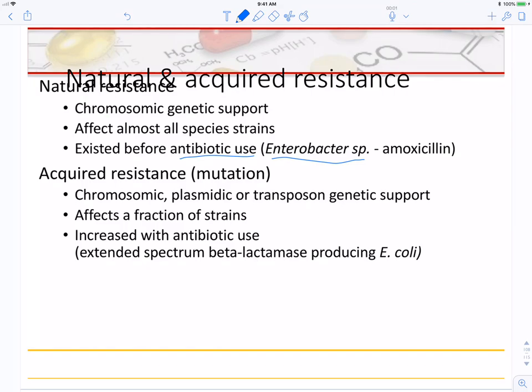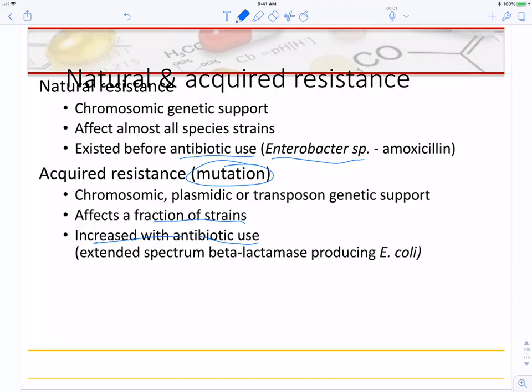Acquired resistance, on the other hand, happens by mutation of the organisms, and so this can be found at the chromosomal, plasmid, or transposon level. They affect a fraction of the strains. The fraction that has become exposed to antibiotic increases with antibiotic use.